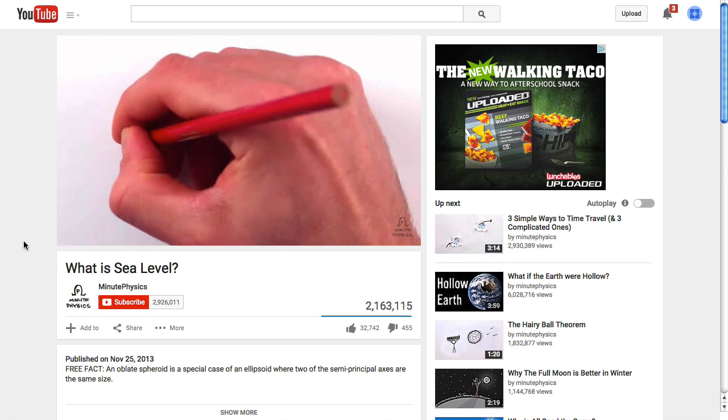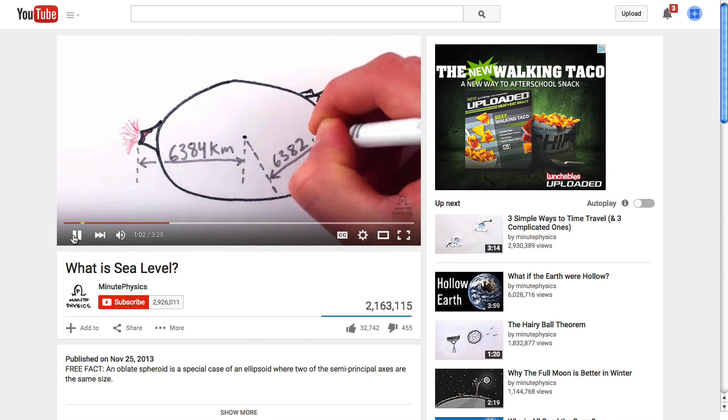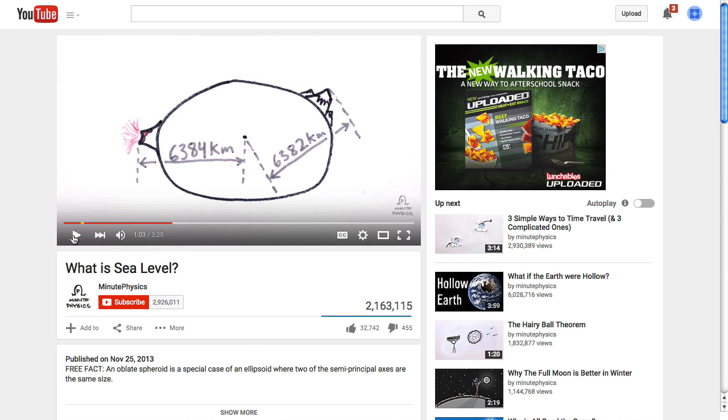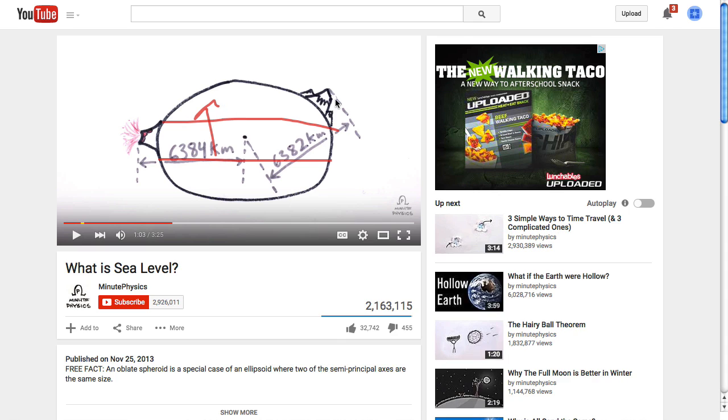Level. This bulging is also why the Chimborazo volcano in Ecuador, and not Mount Everest, is the peak that's actually farthest from the center of the Earth. So this is a good picture of what Neil was talking about, that because of this bulge here that is up, remember it's 1 1/3 miles higher than everywhere else.